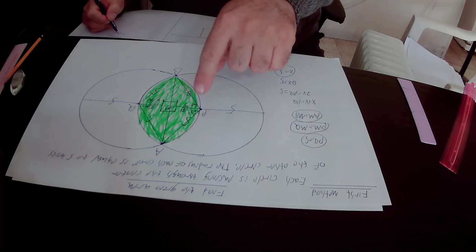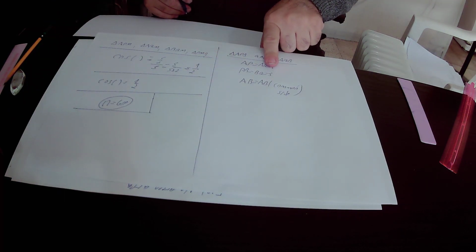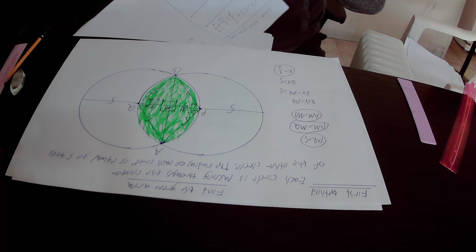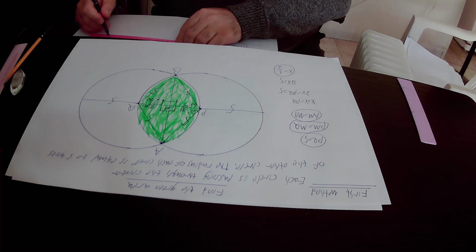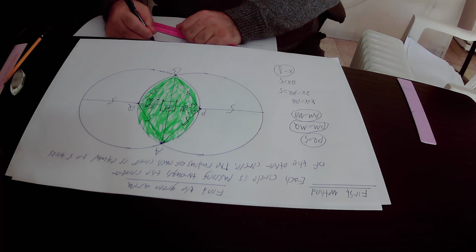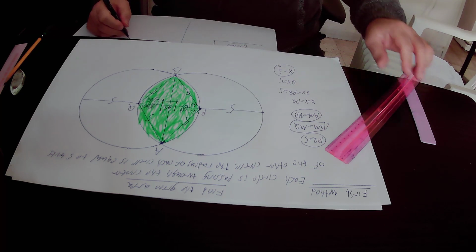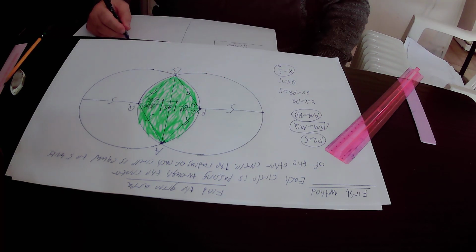So we actually proved that triangle APB is congruent to triangle AQB, according to the side rule.